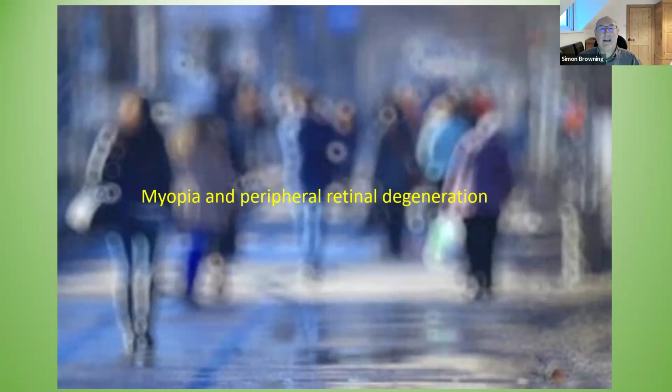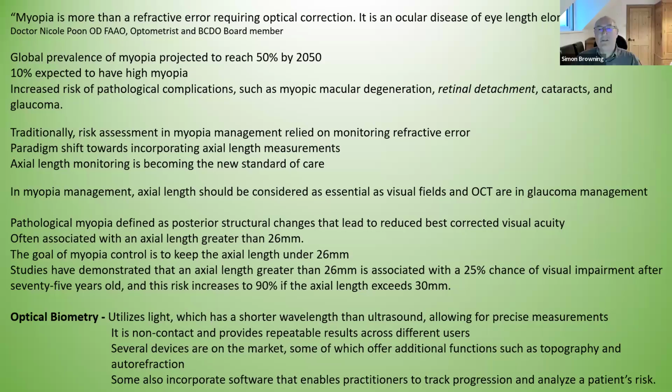And I want to spend a bit of time because I think in our everyday life in practice, myopia is going to be the one that we mainly deal with when it comes to peripheral degenerations. And when you look at some of the figures, a great paper written by Nicole Poon, an optometrist in America. Some of the things that she brings out in this paper, the global prevalence of myopia is projected to reach 50% within the next 25 years.